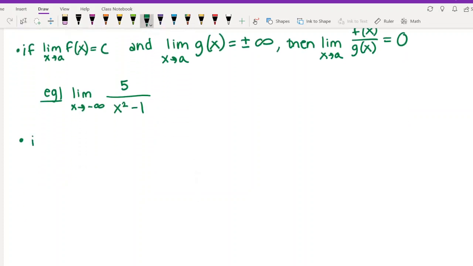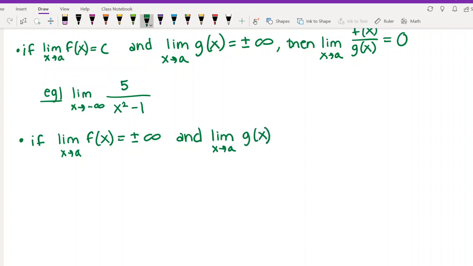So the next case is, let's see, what do I have next on my list here? Let's now say if the limit of the numerator is plus or minus infinity, and the limit of the denominator is a number, c.